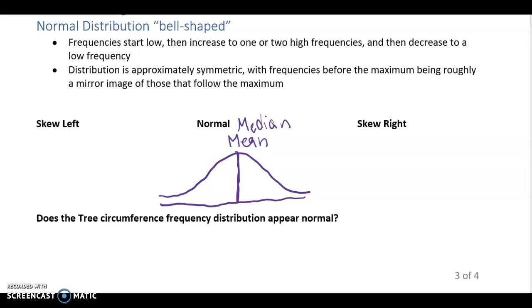Now, are all distributions going to take on that perfect shape? No. We also have skew left and skew right. For data that skews to the left, you'll have a hump over here, but then you'll have some data values that are a little bit lower than the rest. In this type, the median of your data, which is your middle value, will be right here. But then think about taking a test.